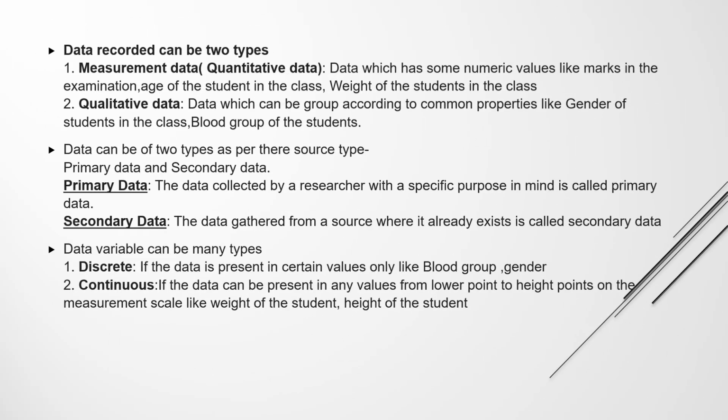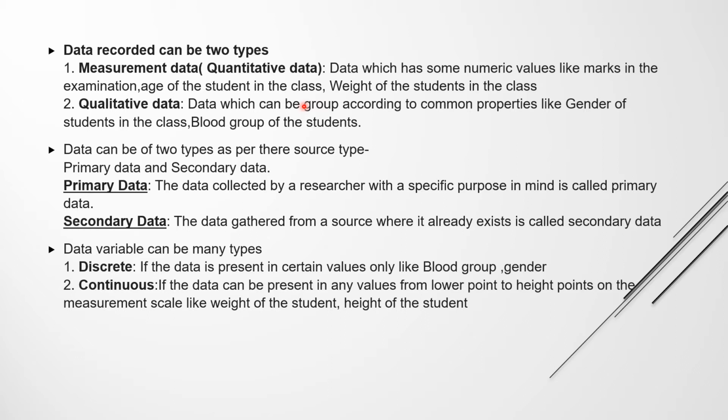Now, when we are recording the data, it can be of two types: quantitative data or qualitative data. Quantitative data is when the data has numeric values, like marks in the examination, age of the student in the class, or weight of the student in the class.